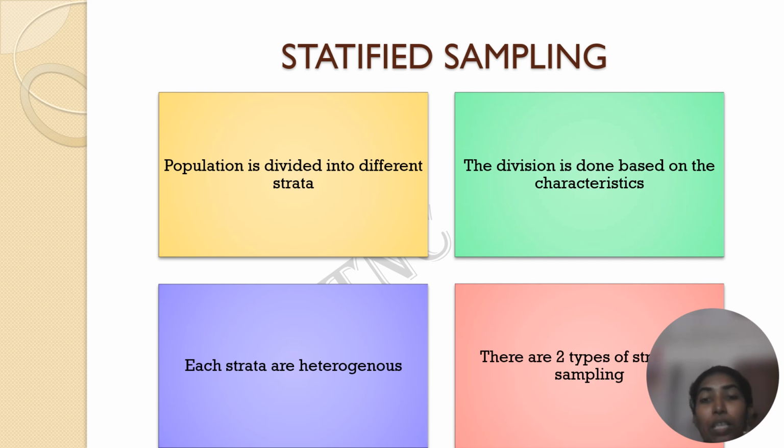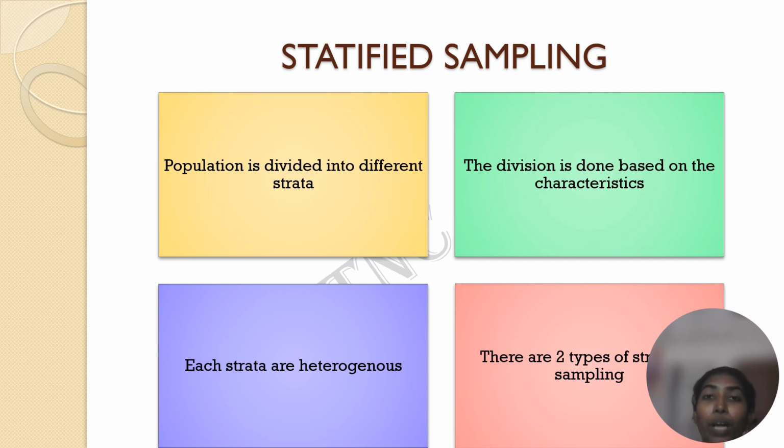Stratified sampling. The population is divided into different strata. The division is done based on characteristics, and each strata is heterogeneous. For example, you are going to collect data from women, children, youth. They are different strata.